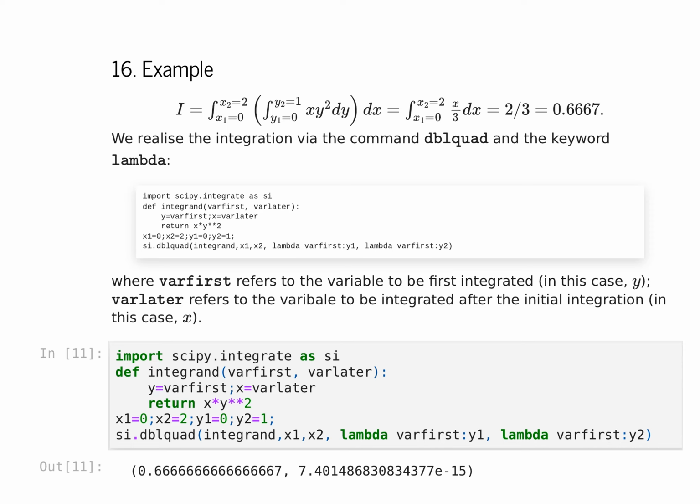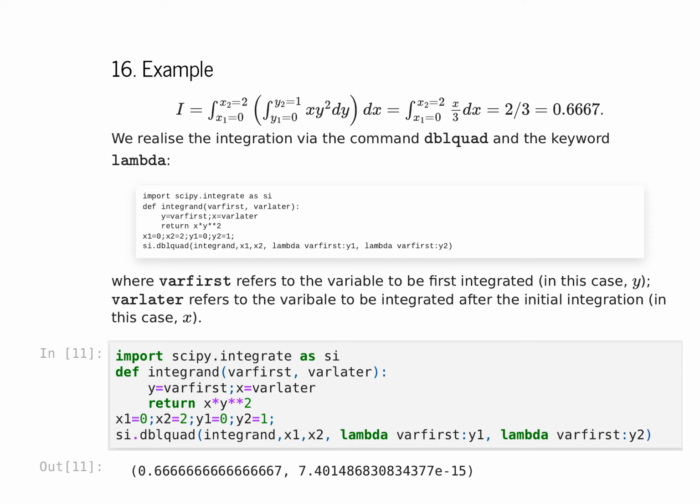Let us illustrate double integration with a specific example. We want to calculate the integral of the function x times y squared, where y ranges from 0 to 1 and x ranges from 0 to 2. If we integrate with respect to y first, the inner integral of xy squared dy from 0 to 1 is x times y cubed over 3 evaluated at y equals 1 and y equals 0, which gives x divided by 3.